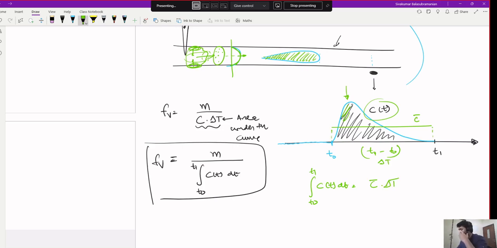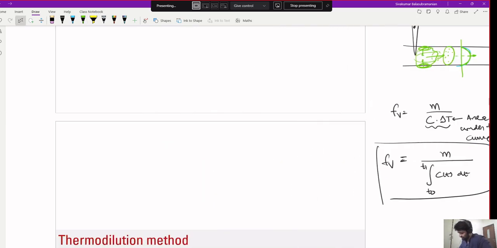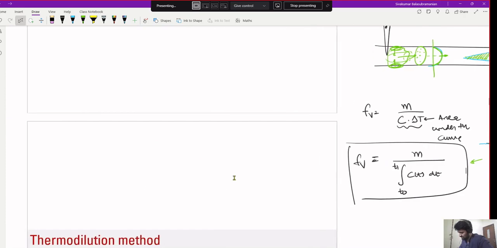So if we replace this curve by a pulse with the mean concentration and the width of the pulse, t naught to t1, that will give you another way of finding out volume flow rate. Thank you, sir. Okay, all right.